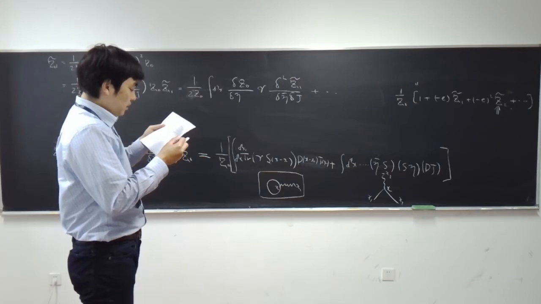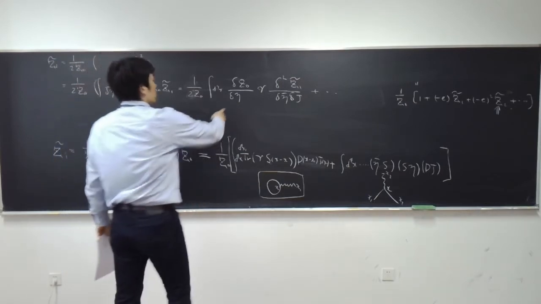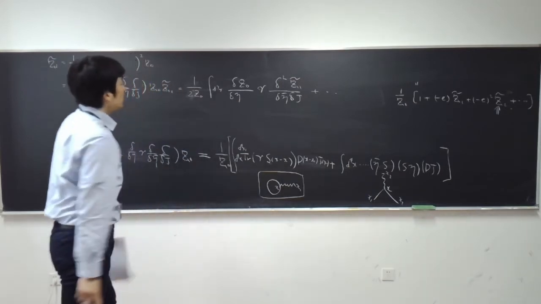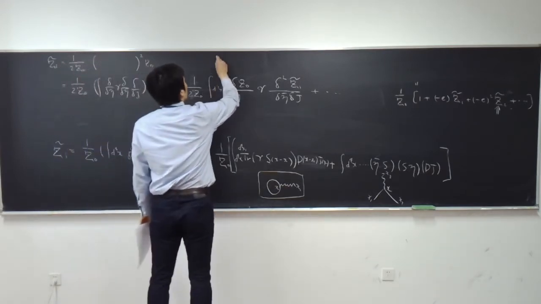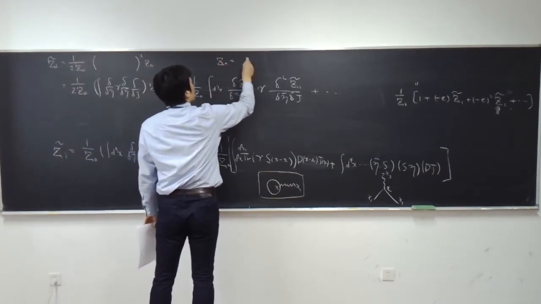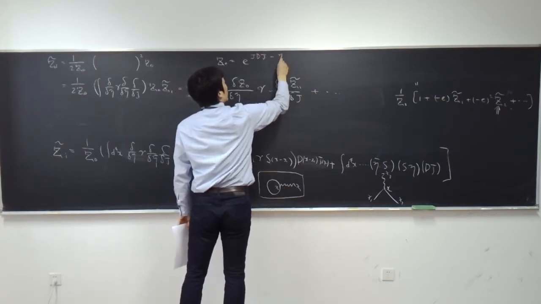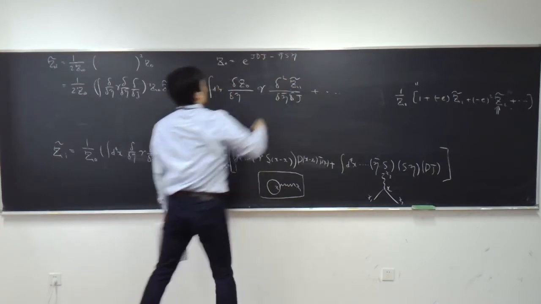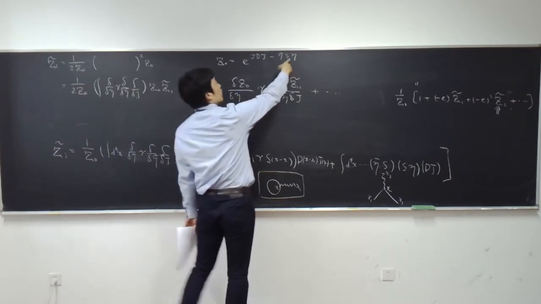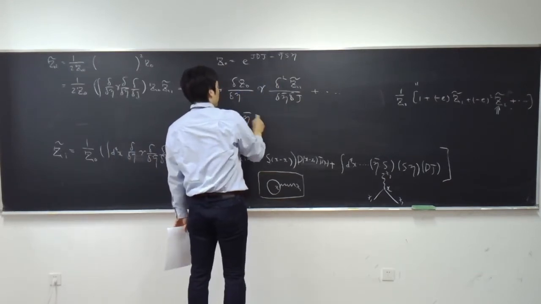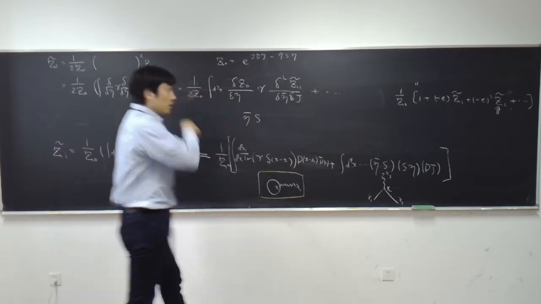And for instance, let's look at this factor. So Z0 is essentially e to the J dJ minus eta bar s eta. And eta acts on here will bring you eta bar s.